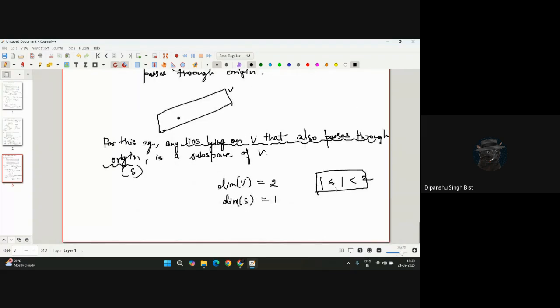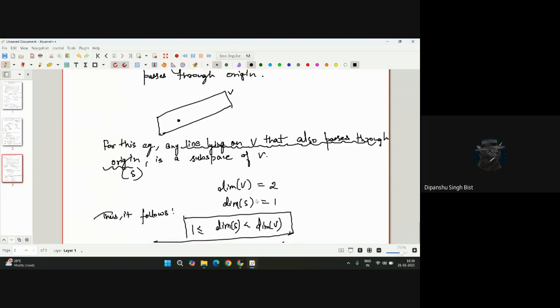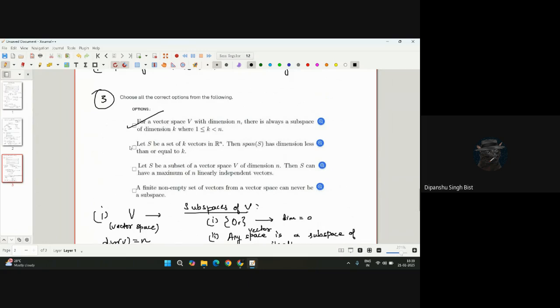A better way to write it, so that even if you check it later, is 2 greater than dimension of S, which is greater than or equal to 1. We have shown this for this vector space, and similarly you can show this for any vector space. That's why option number 1 is correct.